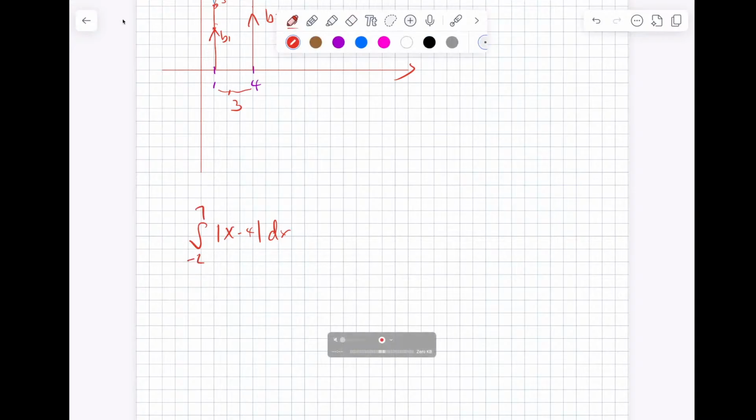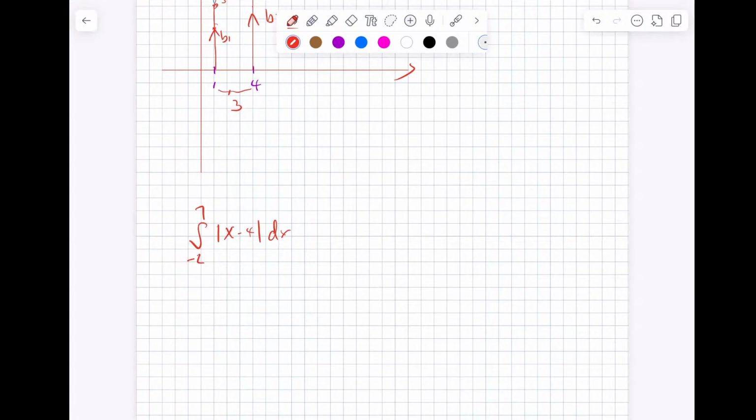That was a big difference. So geometric understanding is more important, because the arithmetic to do this problem is going to take way longer than geometric understanding. So how do you take an integration between -2 and 7 of absolute value x minus 4 dx?